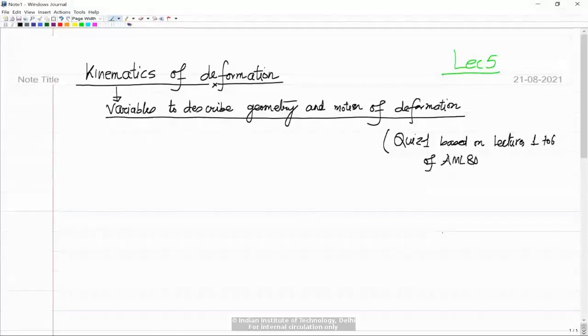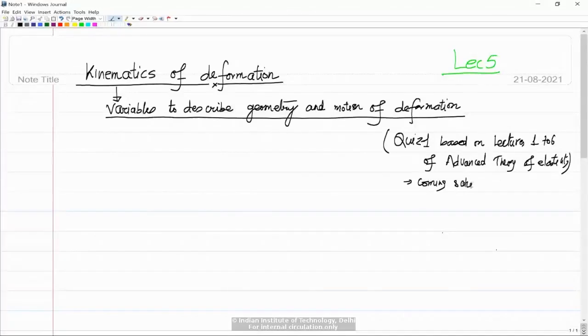I forgot the name of the course, but okay, I can write advanced theory of elasticity. So this is going to be coming Saturday or Sunday.